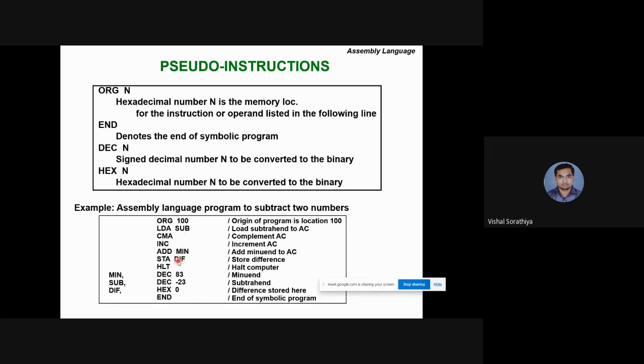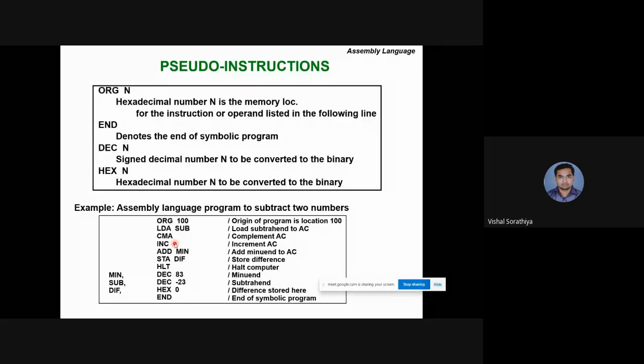You are loading some program, giving an instruction to start from this particular location, then you load some number over there, make the complement of it, and increment.